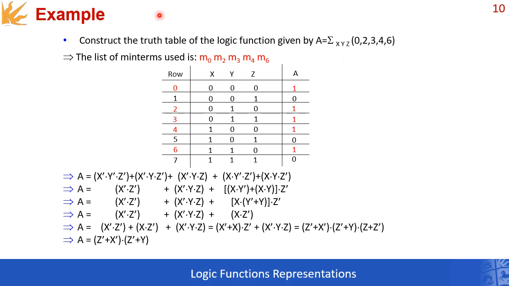Now, that was an example of using a methodological approach on constructing a truth table, and as a next step, we also showed how to extract a simplified form starting from the sum of products.